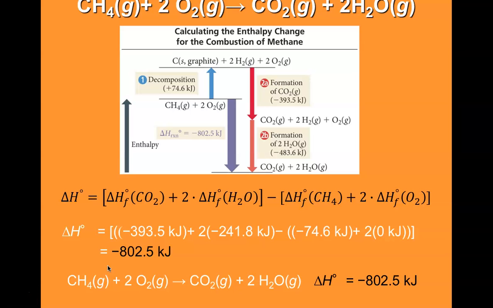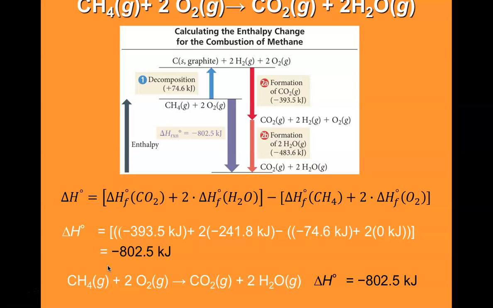Here's the overall reaction that I know to have that delta H. So if you're trying to solve for the delta H of an overall process, if you know formation values, you just do products minus reactants. Quick heads up, most things in thermodynamics are products minus reactants.